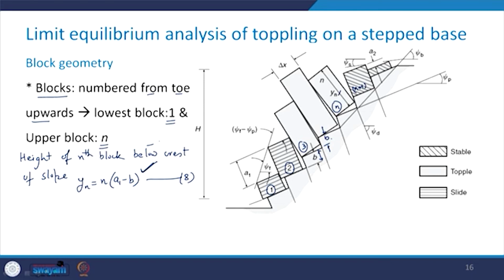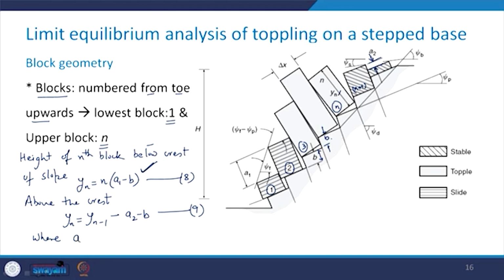In case it is above the crest, I will have yn as yn minus 1 minus a2 minus b. This will be equation number 9. Here, this is the a2 dimension, where a1, a2 and b can be determined in terms of delta x and these dip angles.